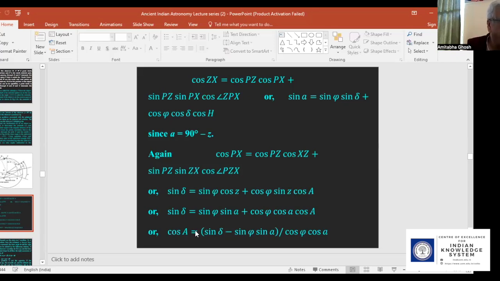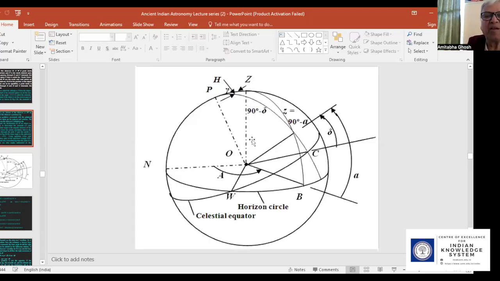If you take that diagram, this is X, this is P, this is Z. So you have been given delta and right ascension, and you are setting up your telescope and have to find in which direction you should observe.